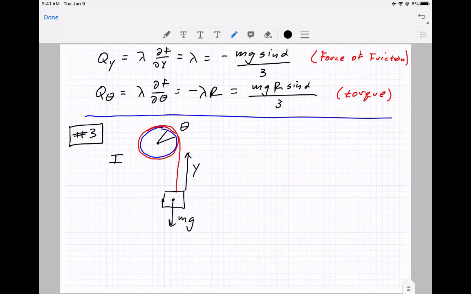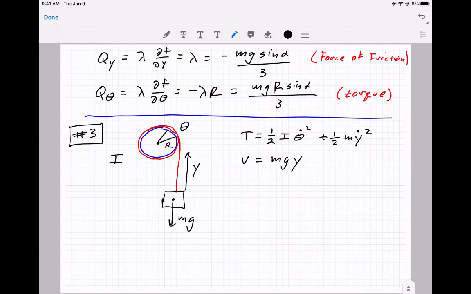So we can write down the kinetic energy. It's going to be the rotational part, 1/2 I theta dot squared, or actually I have to give this a radius r. And then there's a translational kinetic energy, 1/2 m y dot squared, all right? So there's our kinetic. Our potential energy is just going to be mgy, because I had y increasing upwards.